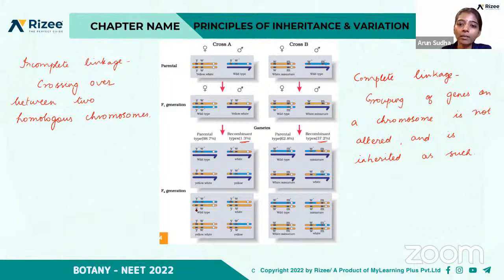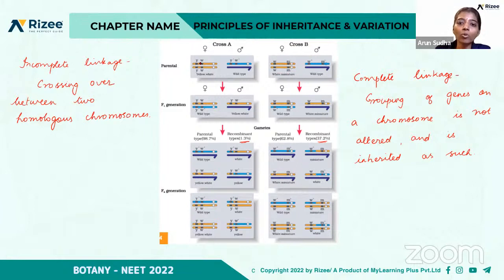So if you see here the recombination, this is the recombinant thing. We can see the blue and yellow together, right? So here there occurs a recombination, but the recombinant type is very less, as the genes are located close together.